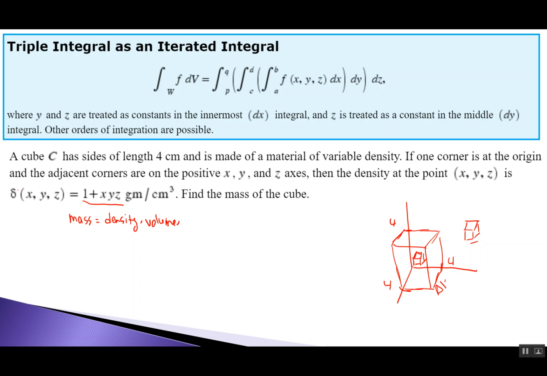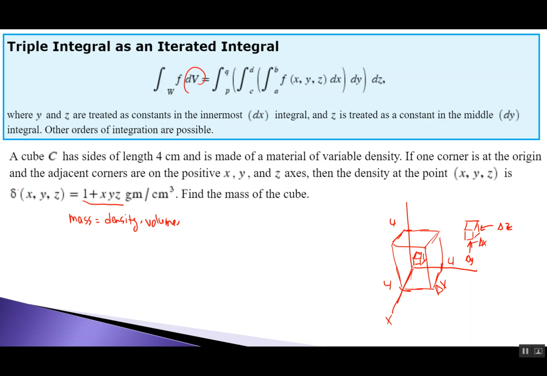Delta x goes along this way because this is my x-axis. So delta x, delta y is right here, and delta z is right here. Those are the coordinates for each little piece. That's your dV right here.